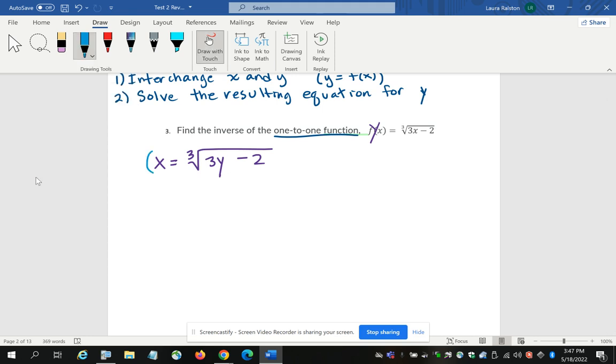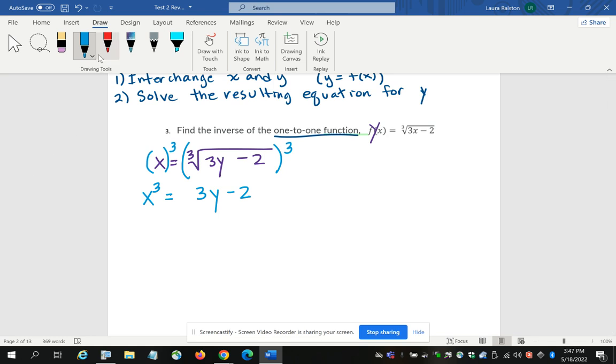So I need to get rid of the cube root, so we're going to do that by raising both sides to the third power. So I have x to the third equals 3y minus 2. Remember, cube root and cubing are inverses, just like squaring and square root are inverses.